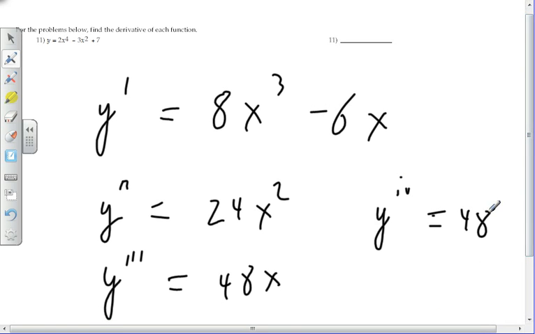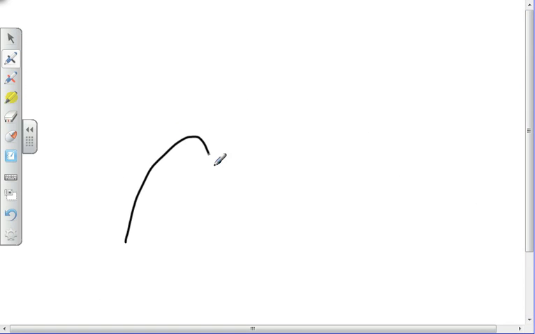So, if finding the derivative finds the slope at a point on a line, what is the second derivative? The second derivative would be the curvature of the line. Okay. So here we got some curve like that.